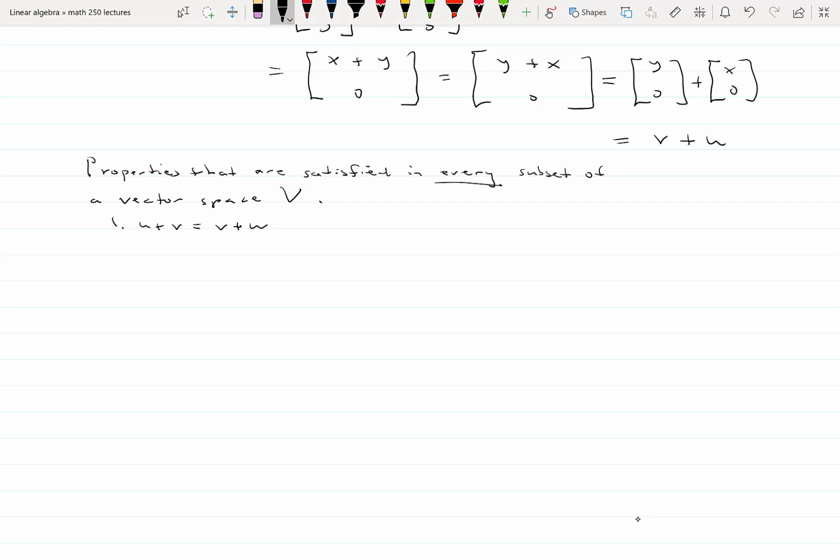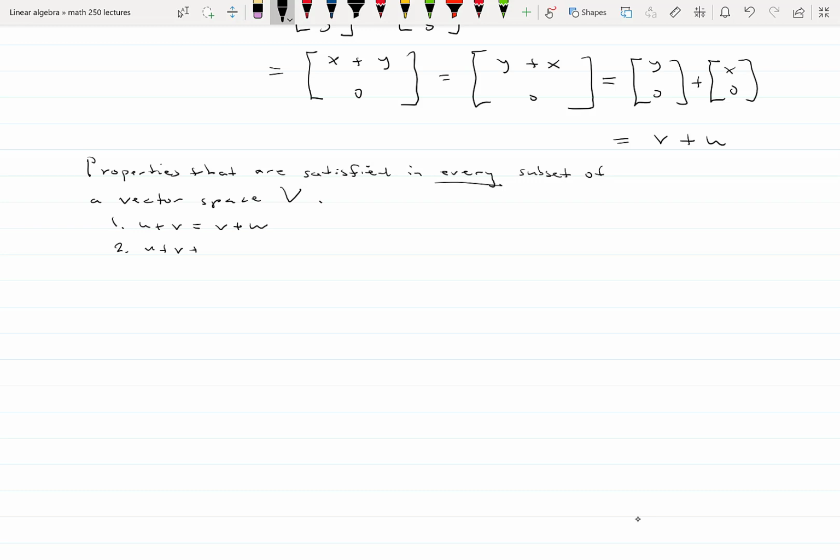Number one. u plus v equals v plus u holds everywhere in a vector space V. So if you look at a subspace, a subset of V, property number 1 has to hold there, since it holds everywhere in the vector space.